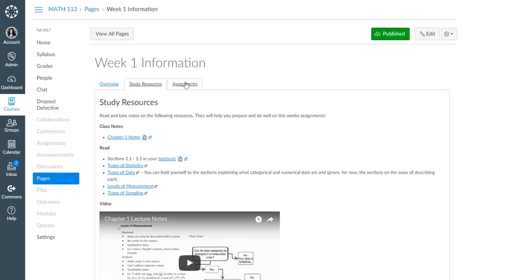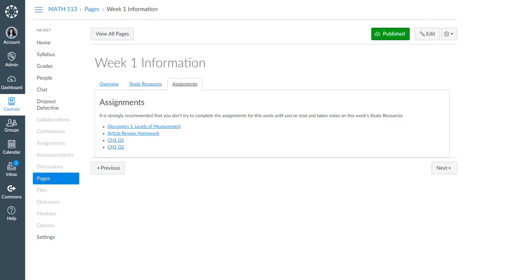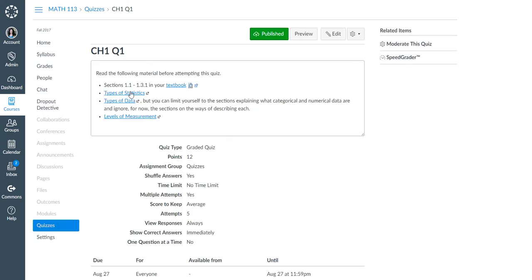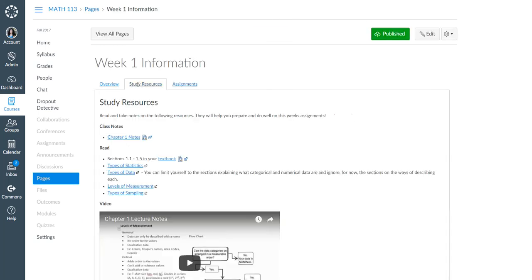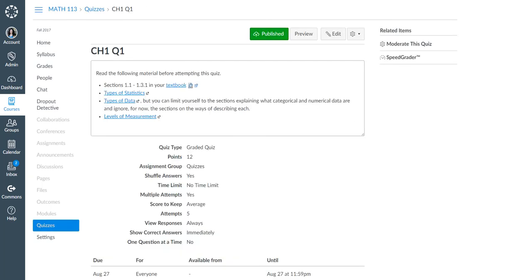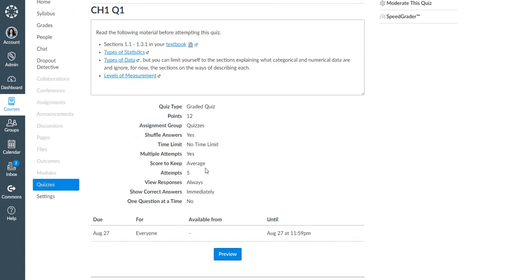Then moving on, we've got quiz 1 and quiz 2. Here's quiz 1. Read the following material before attempting this quiz. This is mostly the same information found over here. It's worth 12 points, with no time limit and multiple attempts, 5 attempts. It will take the average though.